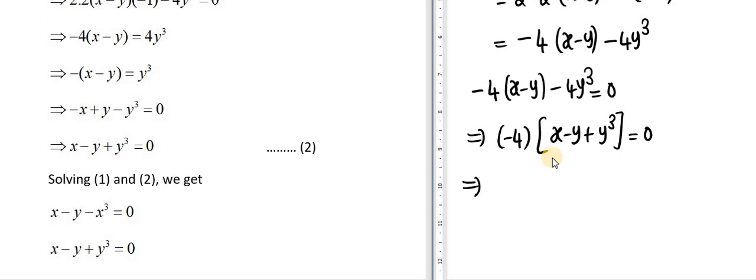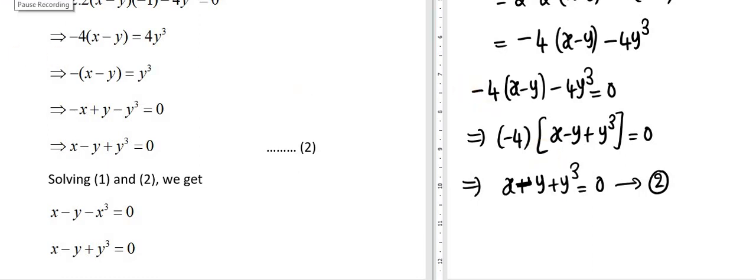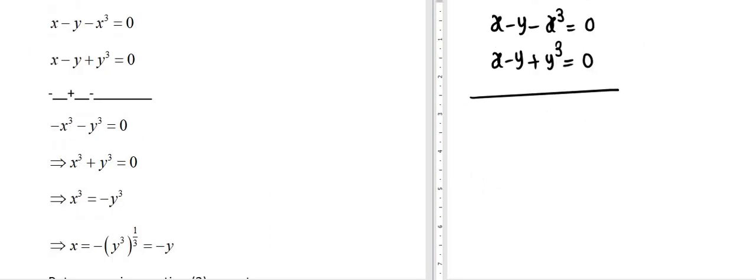Minus 4 is not equal to 0, that's why x minus y plus y cube equal to 0. Consider this as equation 2. Now we have two equations, that is equation 1 and equation 2. This is equation 1. This is equation 2.